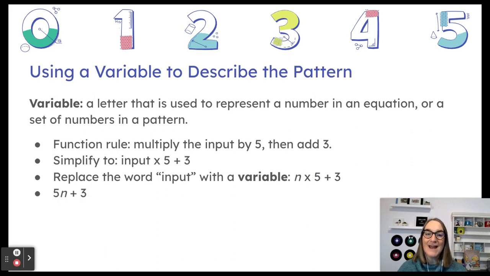When we say 5n, it means the same as 5 times n, but we just take out the times symbol because it can be confusing when we're using variables. It's like, is it a multiplication sign or is it a variable? I don't know. So we take it out, okay? So remember that when we use variables, we do not use the multiplication sign. We just put the number and the variable, squish them together, and we know that it means times, okay? So 5n means 5 times n.